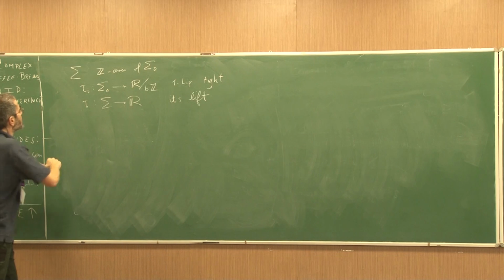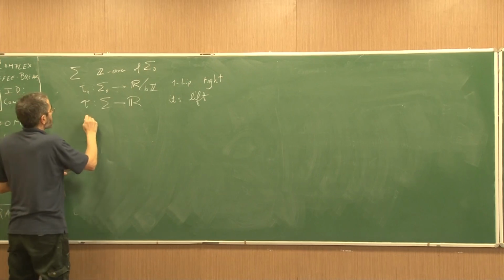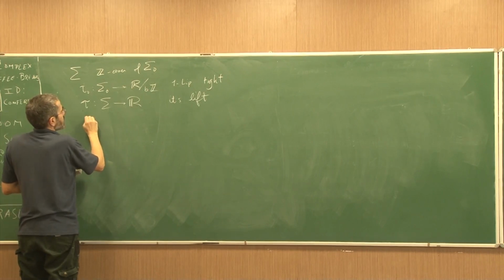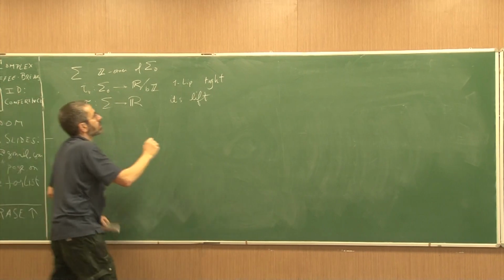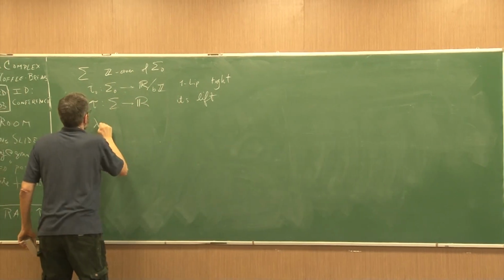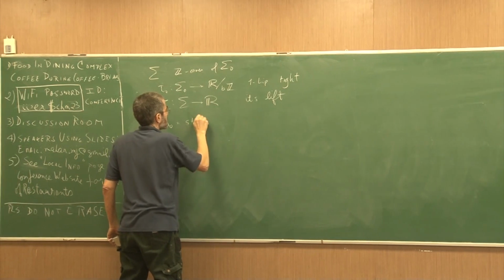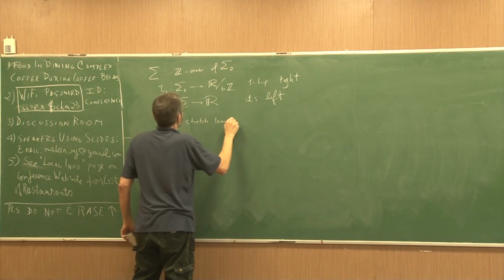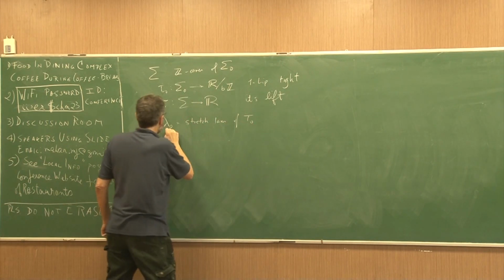Let's call lambda naught the stretch lamination of tau naught, and lambda is its lift.